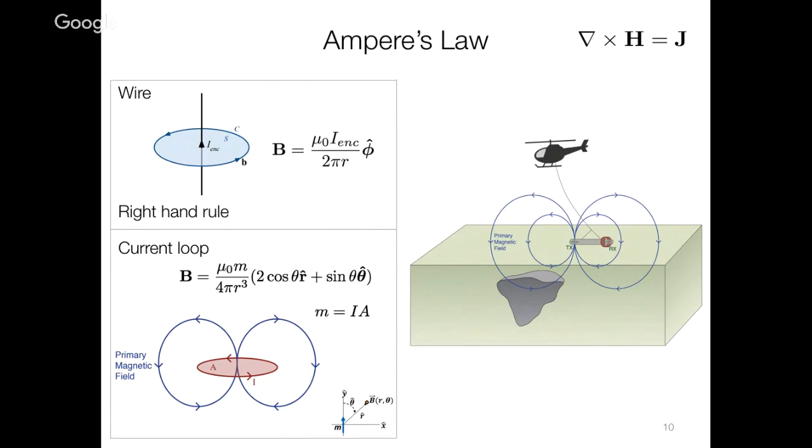If I bend the wire in on itself to make a coil, then the magnetic field sort of looks like this. It looks like that. And there's a few things that are important. The strength of the magnetic field looks just like a little bar magnet, the toy magnets that you used to play with. So that has a magnetic field.